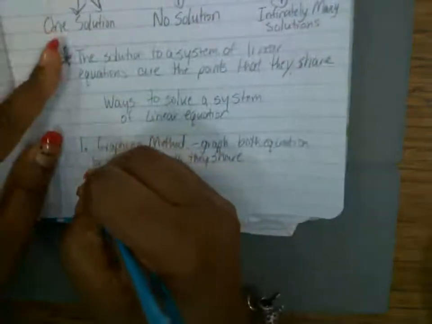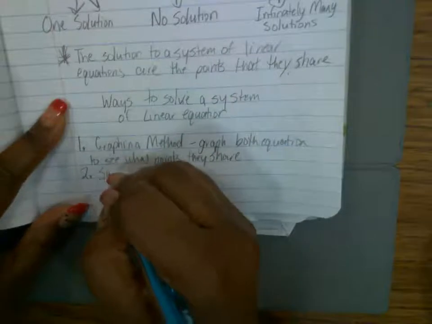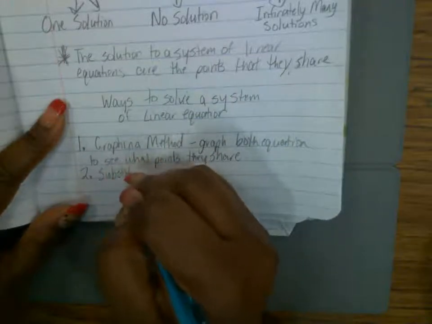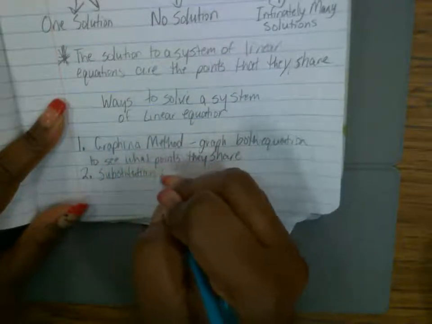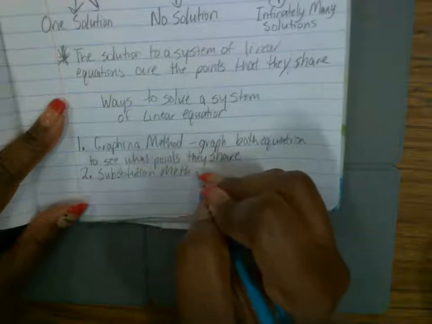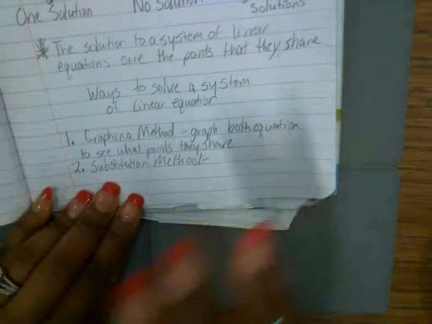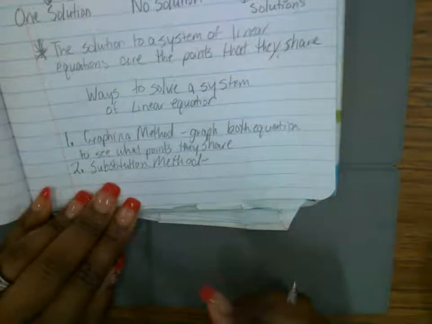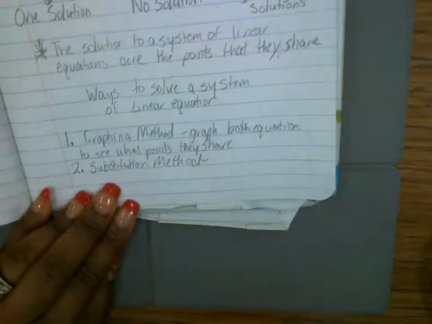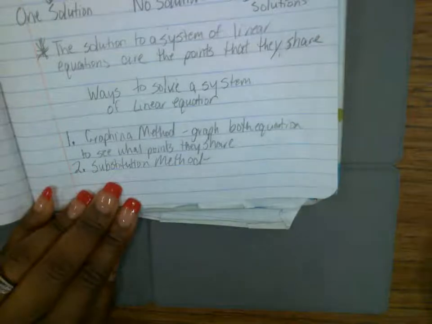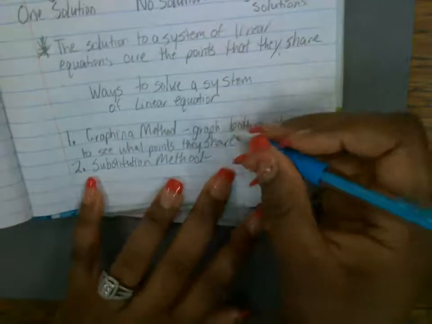Number 2 is the substitution method. Your substitution method is going to be where you isolate one of the variables and you're going to substitute that expression into the other equation. Okay?